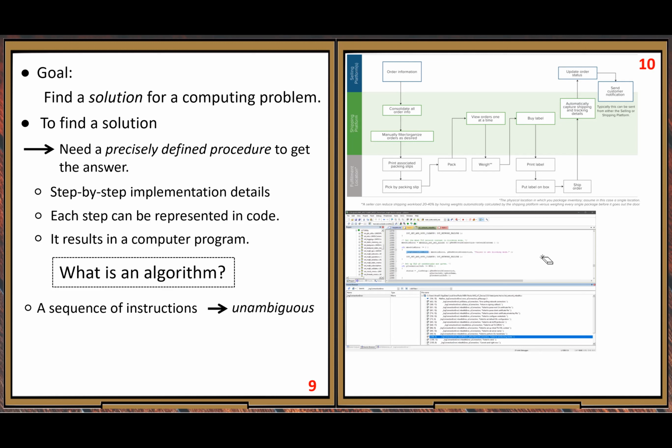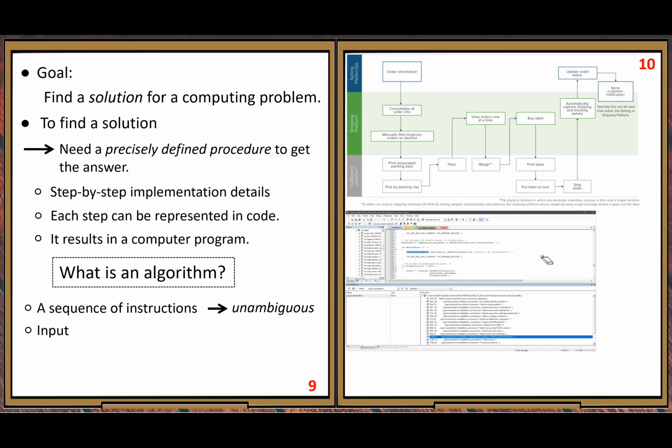The instructions should be unambiguous, right? So your data representation, your formulas, all those things should be clear and easy to understand.